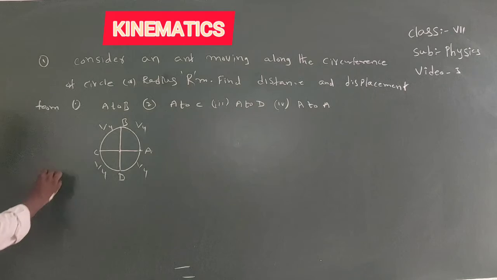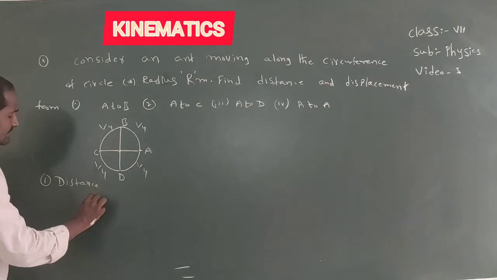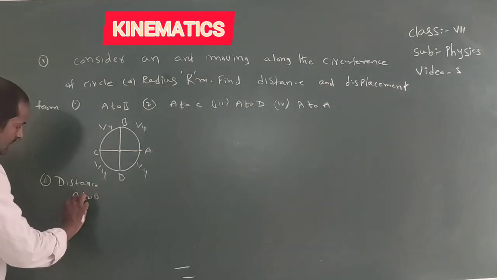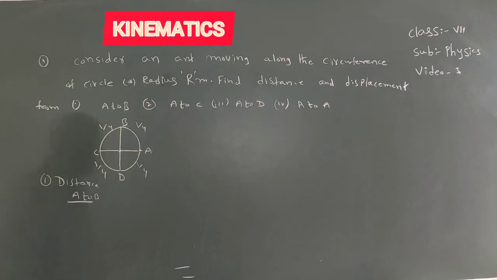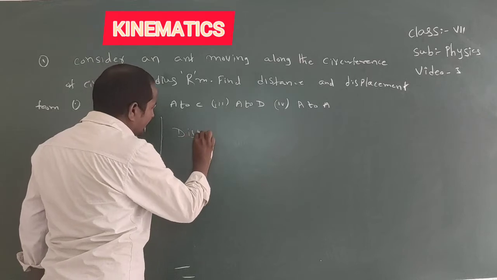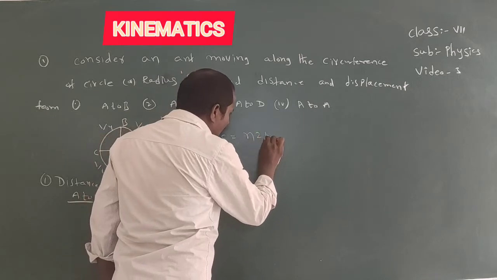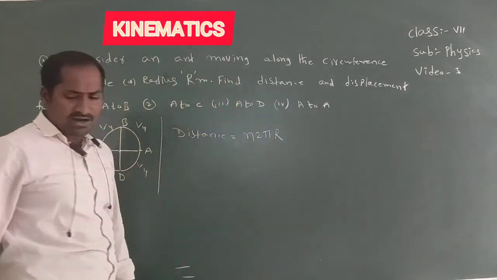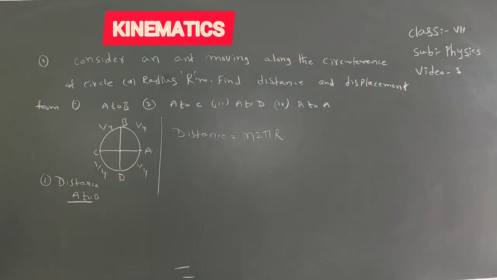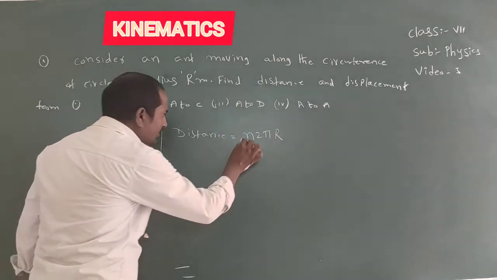So here, find the distance from A to B. If a body is moving in a circular path, the distance equals n into 2 pi r. It is the formula. What is n?